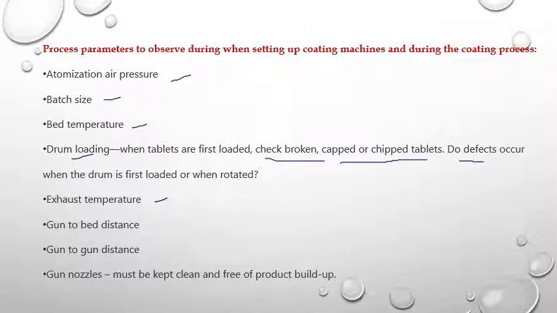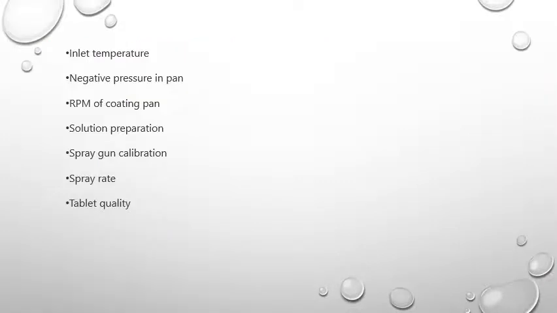Exhaust temperature, gun to bed distance, gun to gun distance, gun nozzle, inlet temperature, negative pressure in the pan, RPM of the coating pan, solution preparation, spray gun calibration, spray rate and tablet quality.